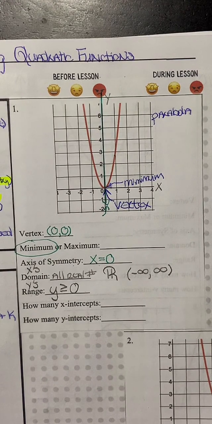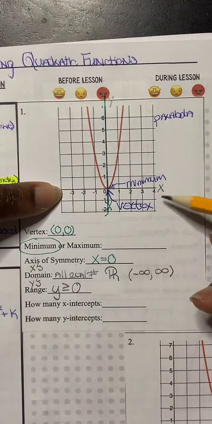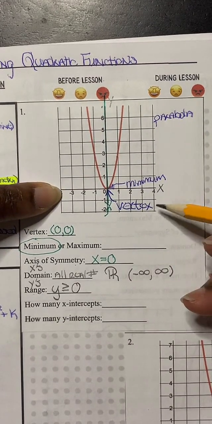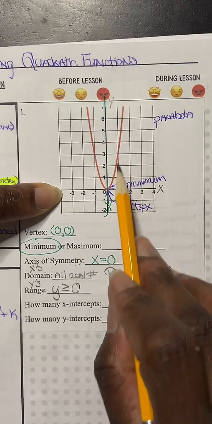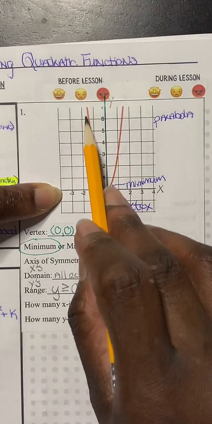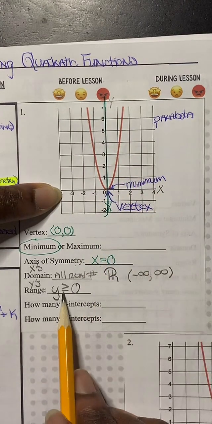Okay, Melissa saying 0. How do you get the sign for the range? Well, if we take a look, it's not dealing with any negative. It's going to be a solid, since it's a solid line for my parabola. So that's going to be equal to.